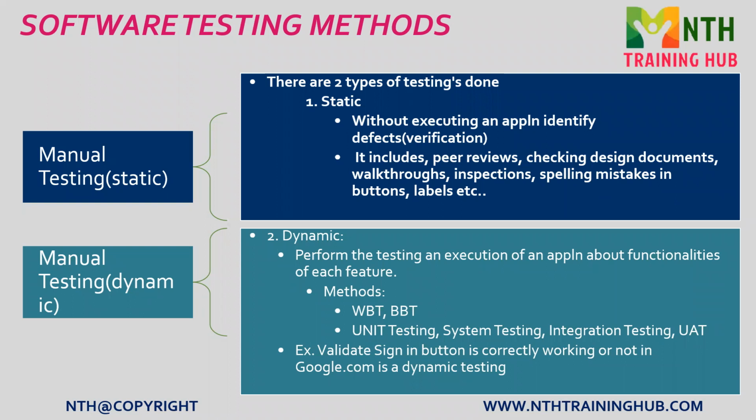Black box testing, BBT, is also known as functional testing. Similarly, we conduct system testing, integration testing and user acceptance testing. These are the possible test methods to conduct dynamic manual testing.